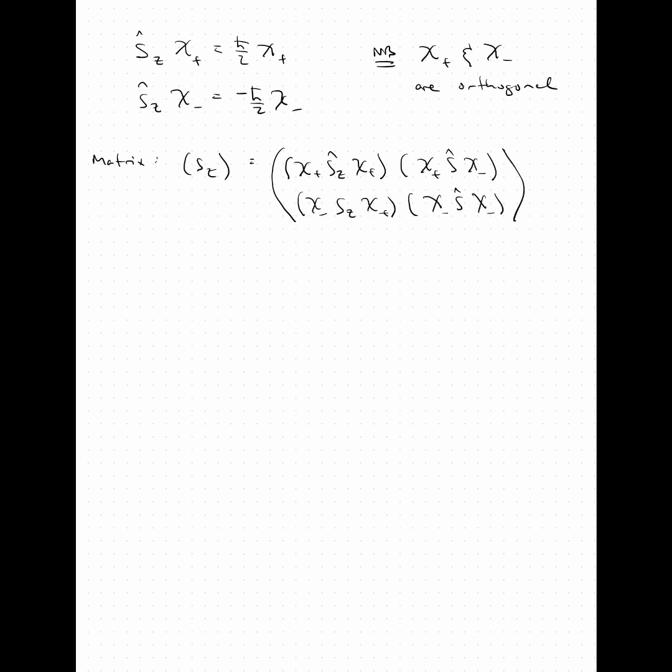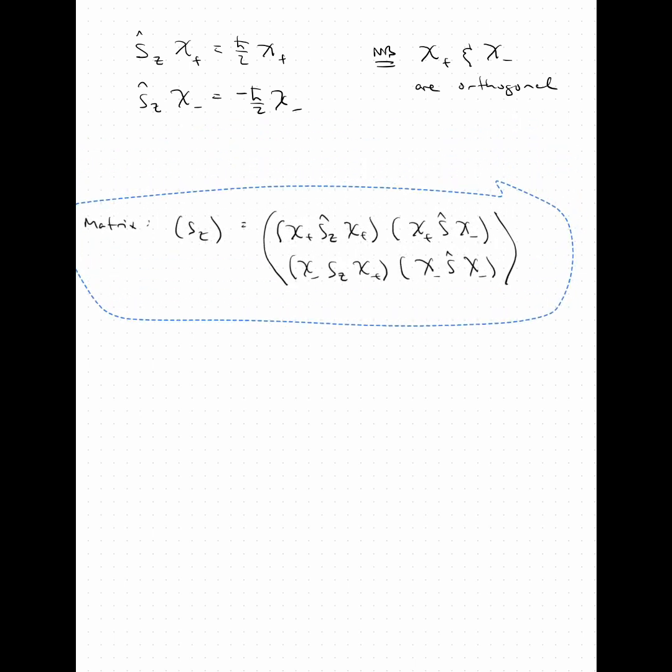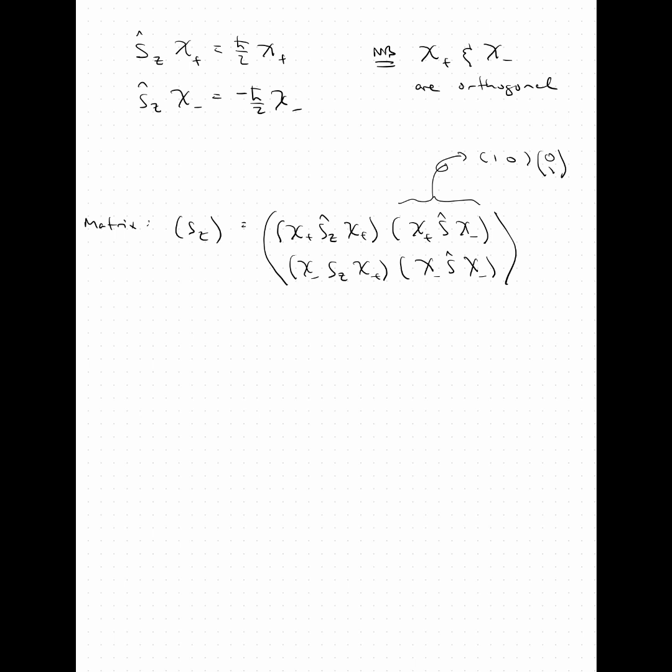An example is the first row, second column: this is basically 1, 0 times 0, 1, which is equal to 0.